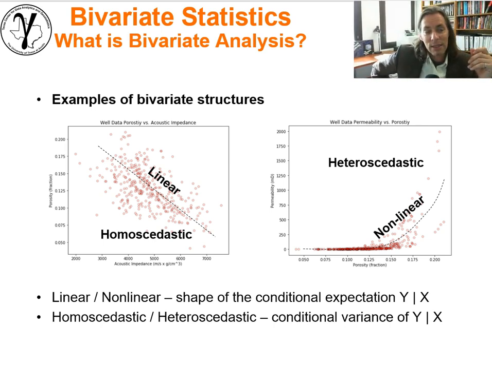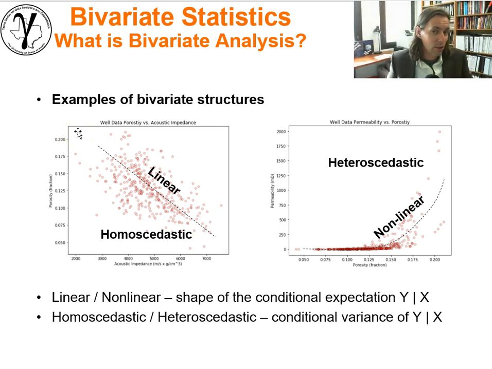So if we look at this situation right here, we have an example where porosity versus acoustic impedance, and the relationship you could argue is a very basic linear bivariate relationship. Then in expectation, the porosity is related to acoustic impedance by a function like this.